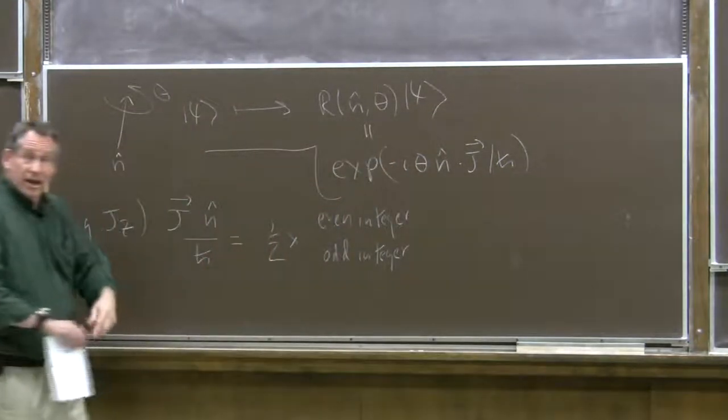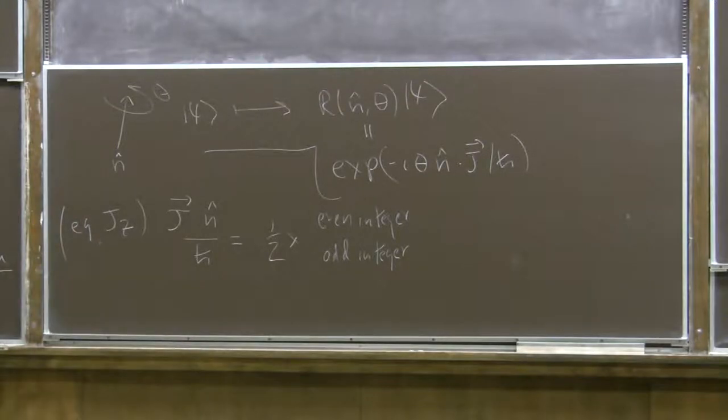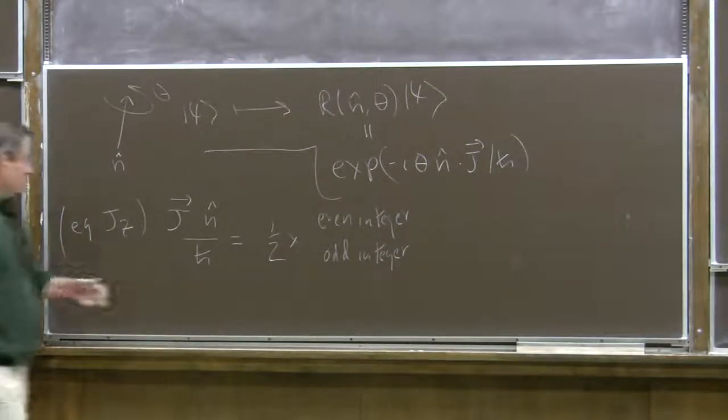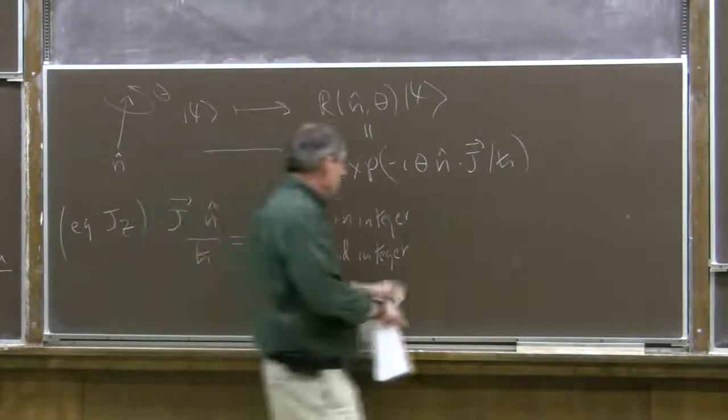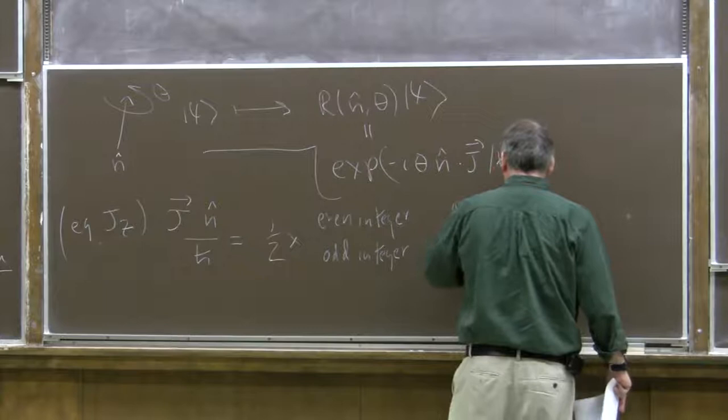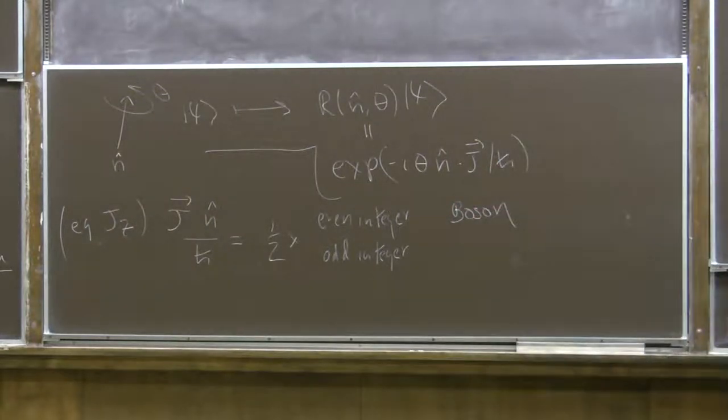A particle which has angular momentum which is an integer multiple of h bar is a boson. If it's 1/2 of an odd integer, or integer plus 1/2, then it's a fermion.